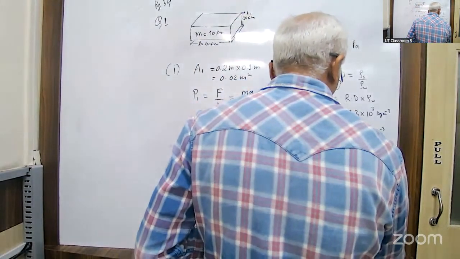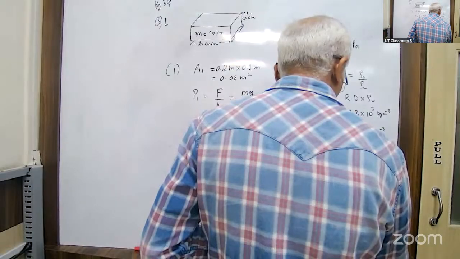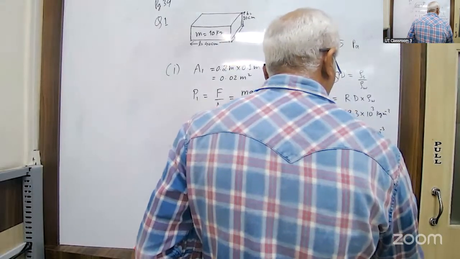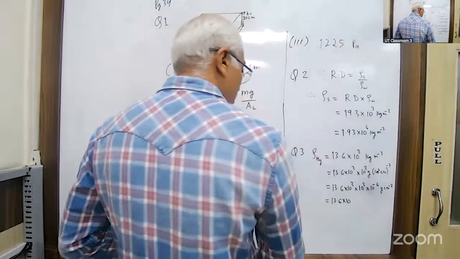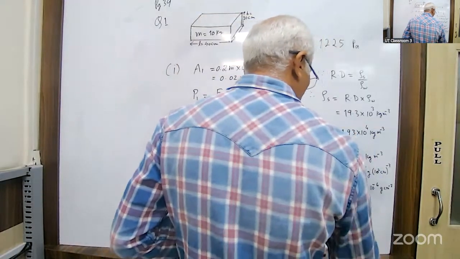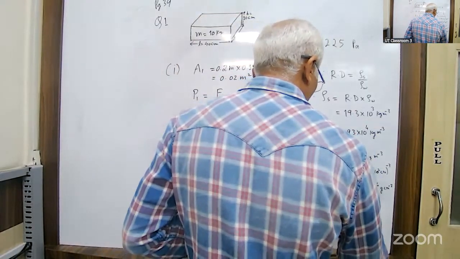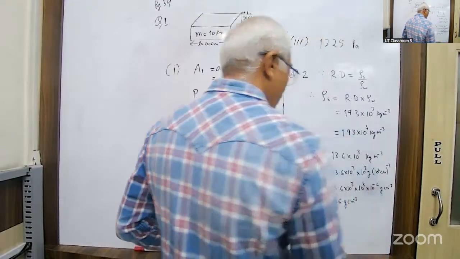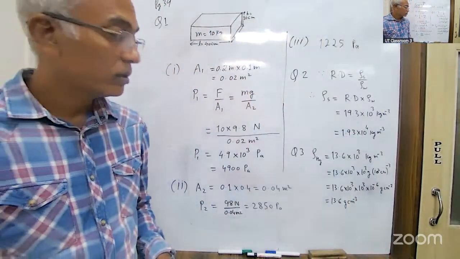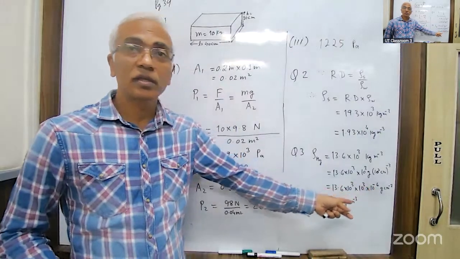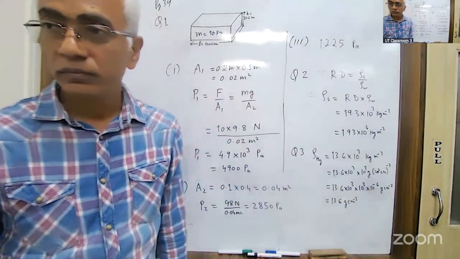How much is this? 13.6 into 10 raised to 6, into 10 raised to minus 6, which is 10 raised to 0, which is 1. So it is only 13.6.